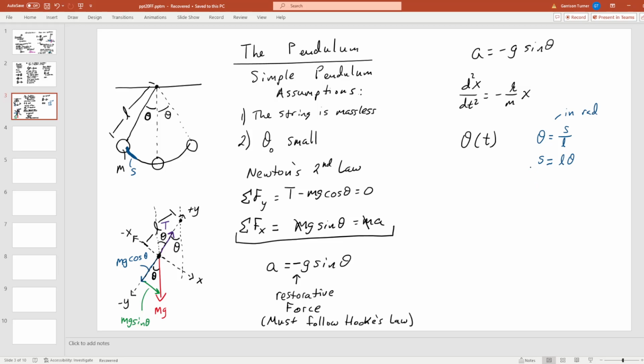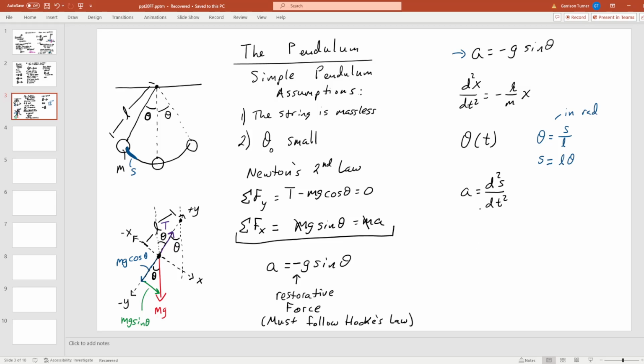Okay? So my position function is my arc length, while my angular function is going to be theta, but this is a positional acceleration or a linear acceleration. Okay? So my linear acceleration is then going to be the second derivative of my arc length as it changes with respect to time.